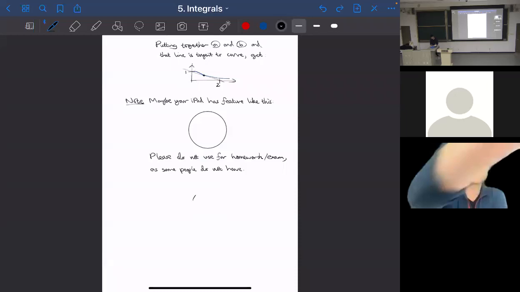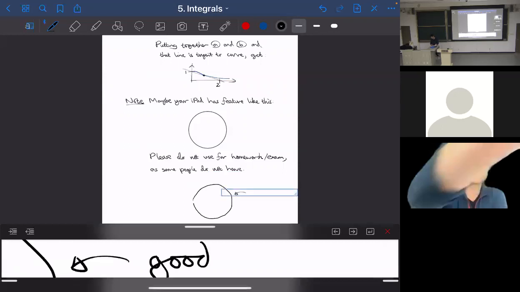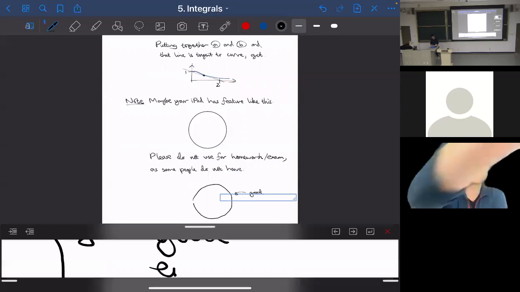Okay, I'm trying to draw an example of a circle that's good enough. Yeah, okay, so this is good enough. But I think we did not mark that down because I didn't mention that issue before the exam.